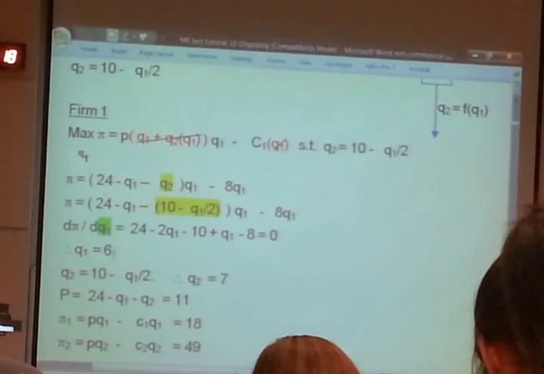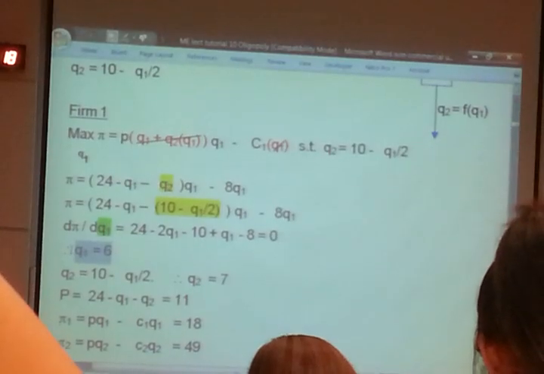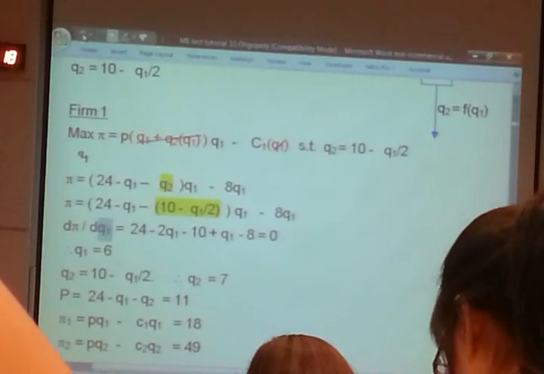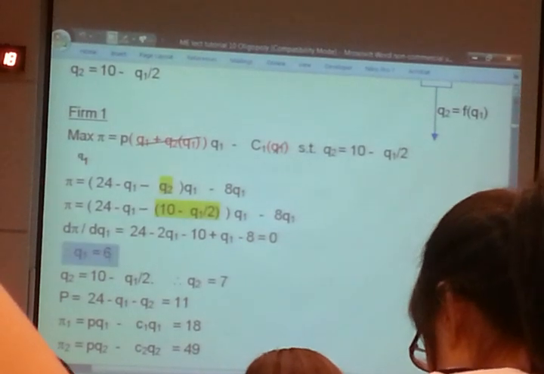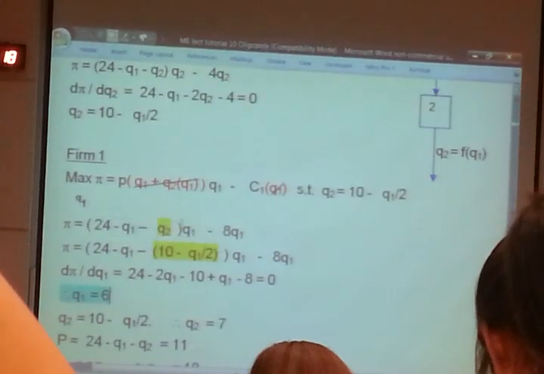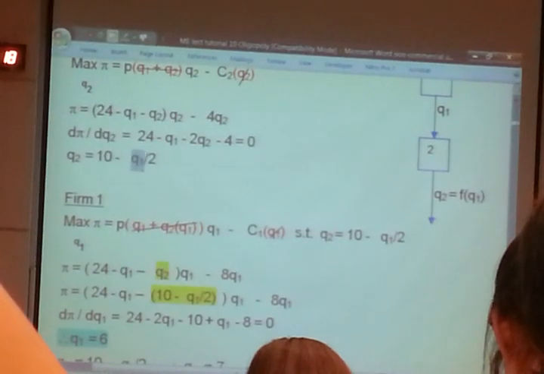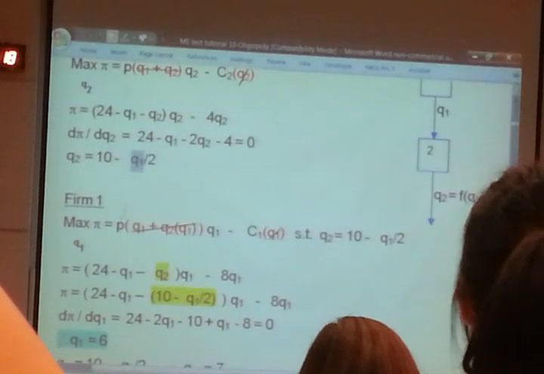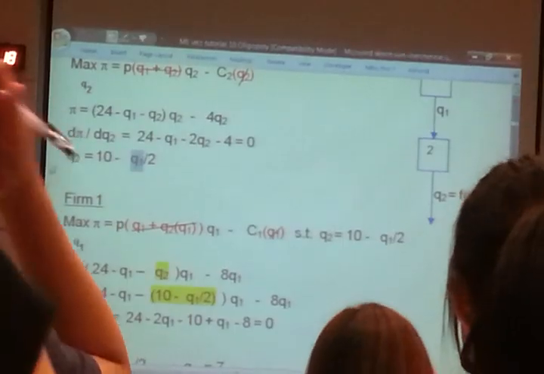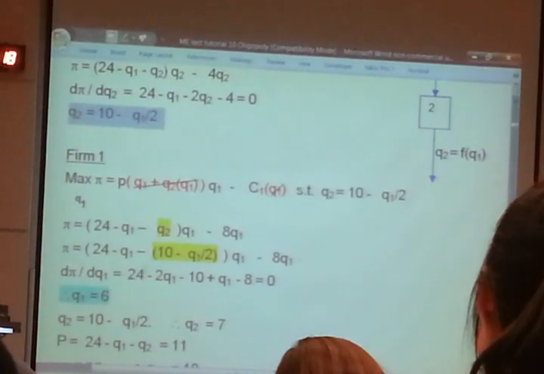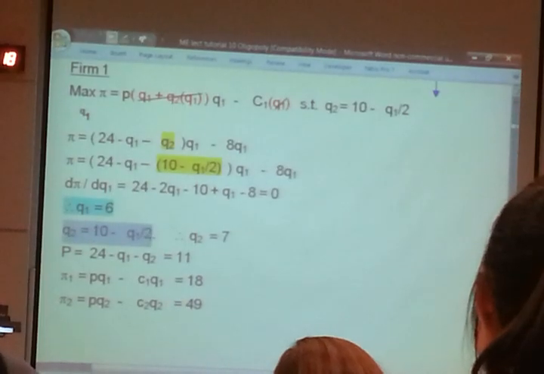Now, we found that the leader produces this amount. Then how much will the follower produce? Given that the leader produces this, the follower sees what the leader produces, and so will follow. So substitute Q1 inside here.